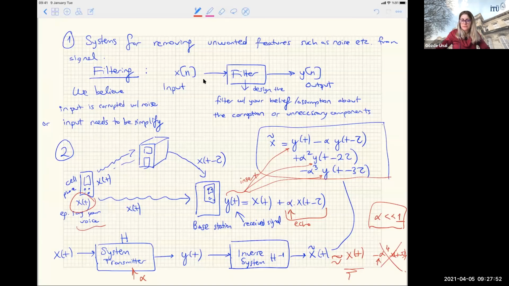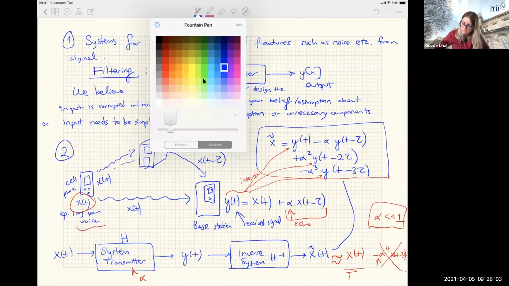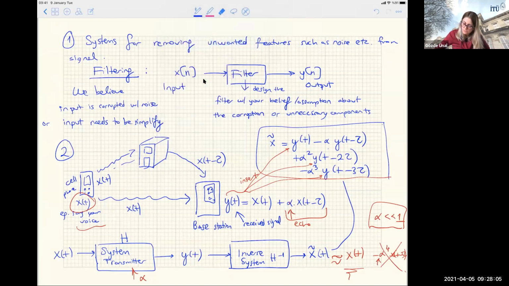This is the inverse system. Let me write it exactly: it was t minus 4 tau.